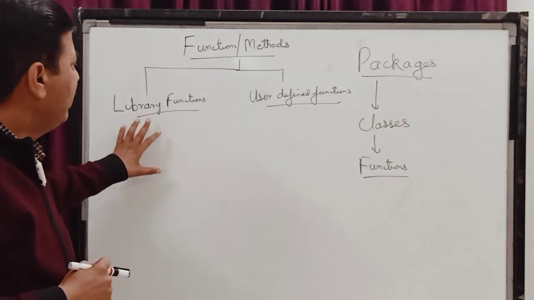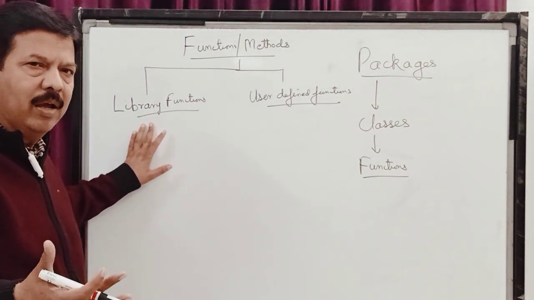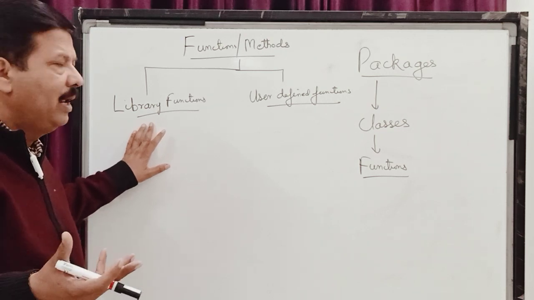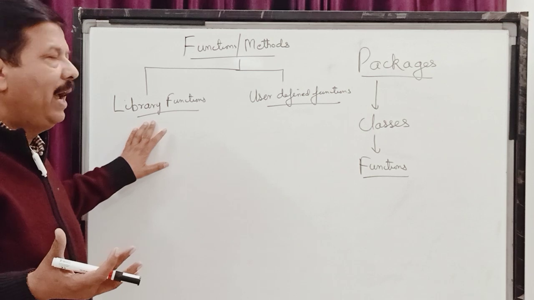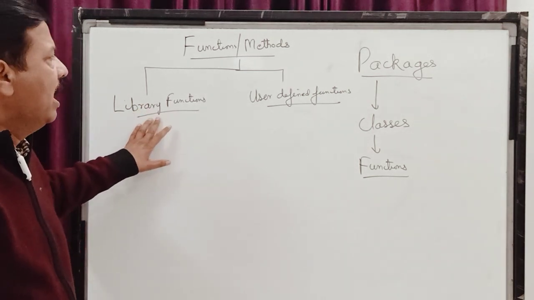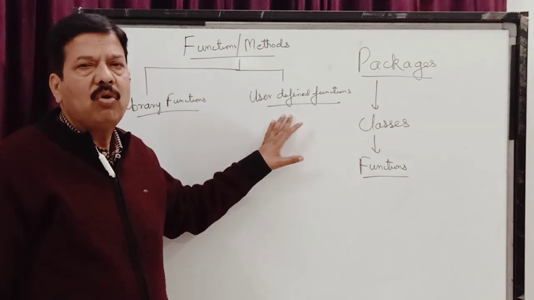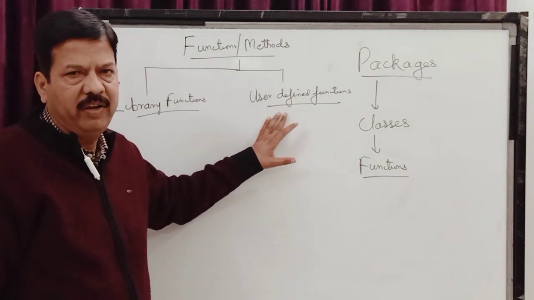These functions we call library functions, which are already available to us in the Java compiler, and we can use them. You also make your own functions when you write your own program. They are called user defined functions.